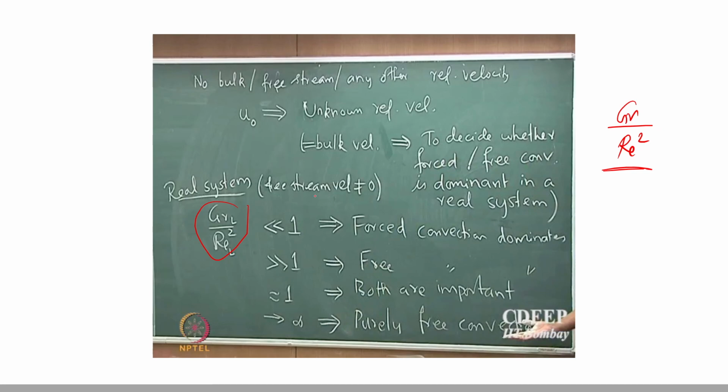When this value is very much less than 1, that implies the Reynolds number is higher, meaning the velocity is playing a significant role, so forced convection is possible. And if this value is greater than 1, that implies the Grashof number is very high, so free convection will be more. If it is equal to 1, then both forced and free convection are important. Similarly, if this value is infinity, we have pure free convection.